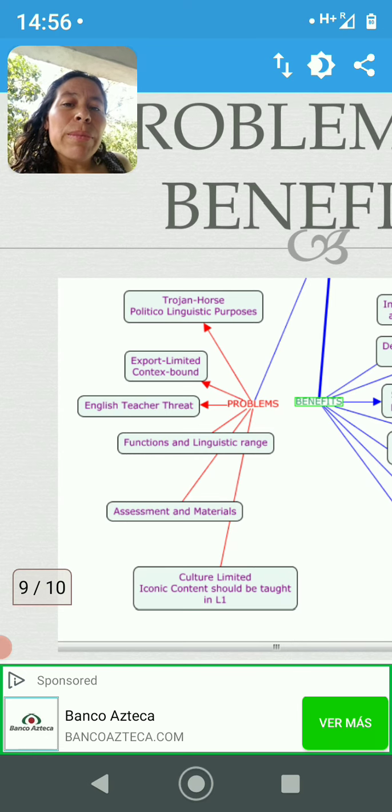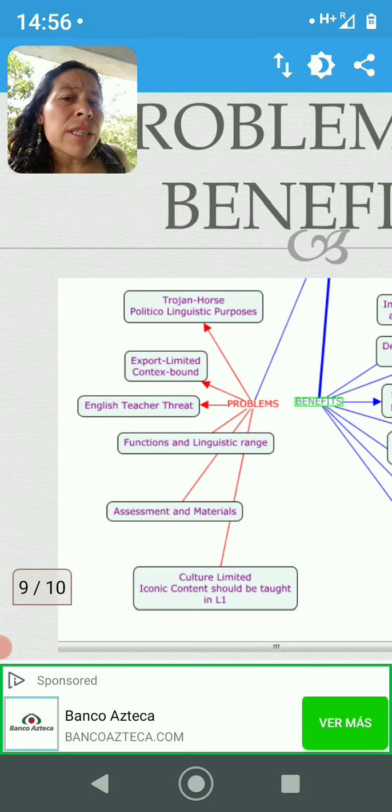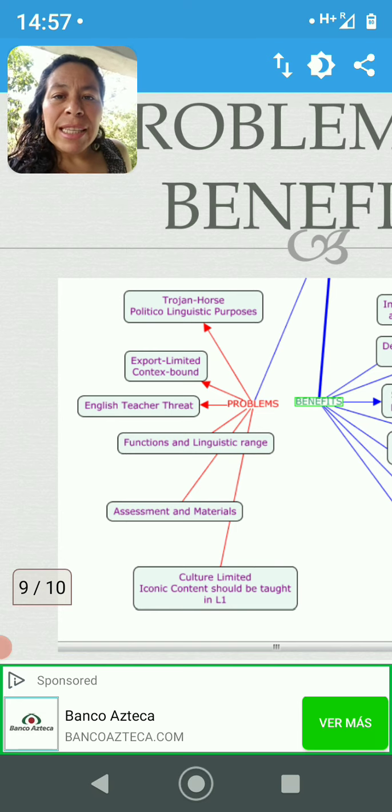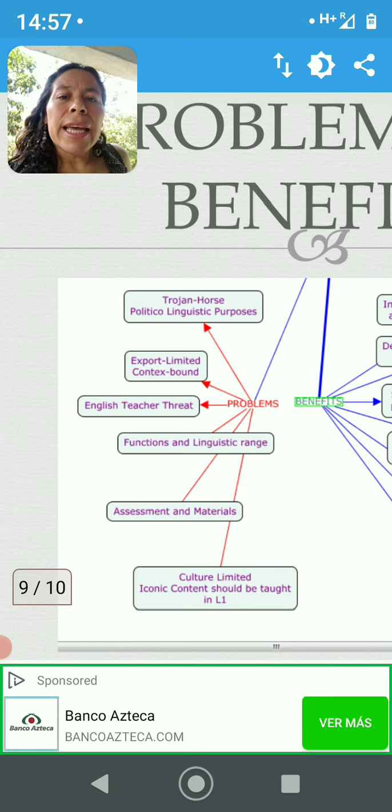Now, it has some problems. It is said to be a Trojan horse, because it may have political linguistic purposes, and it's a matter of seeing the language status. It is also export limited. It means that it is bound to context, and it requires to be developed individually in each country.